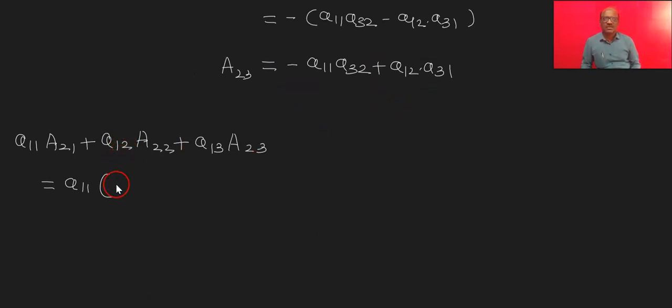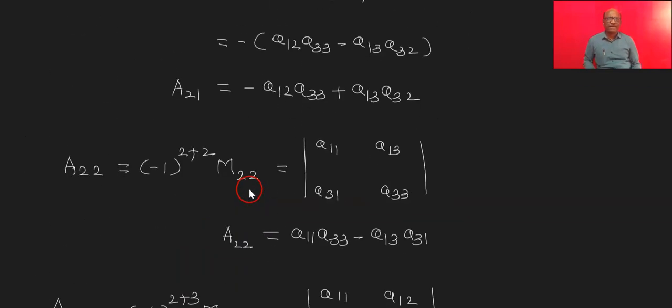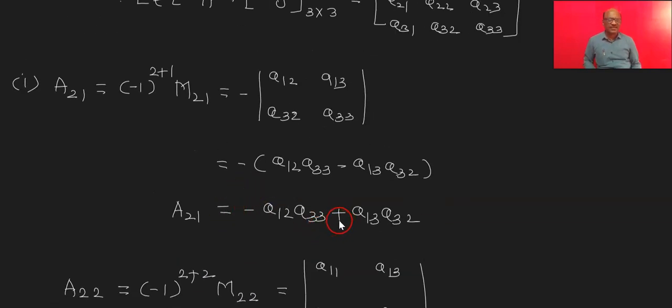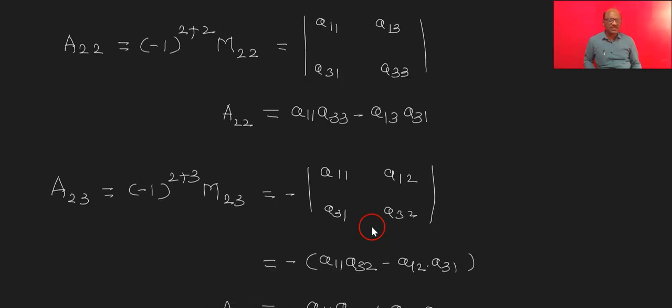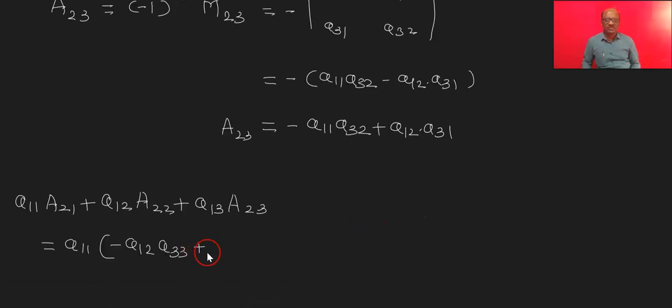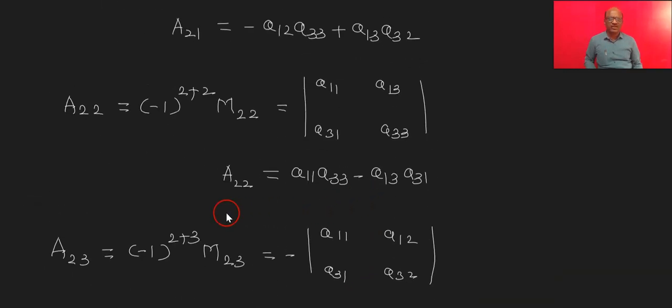Therefore here is minus a12, next is a33, a33 plus a13 a32, plus a13 and a32. Next is small a12 into capital A22.